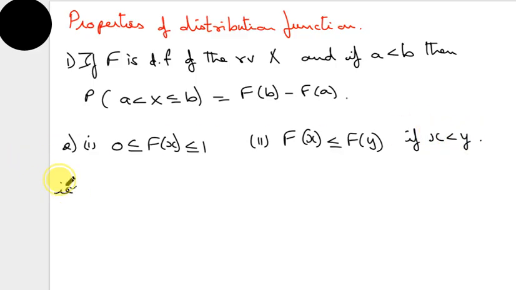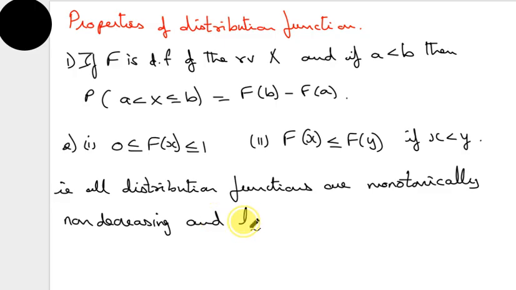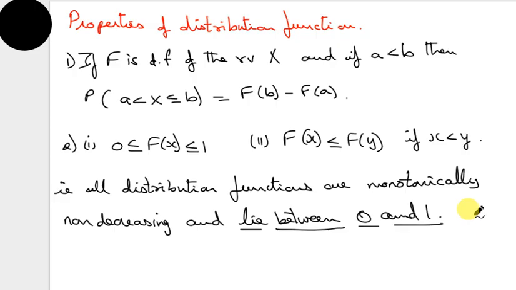That is, all distribution functions are monotonically non-decreasing, and they lie between 0 and 1. This is important. They lie between 0 and 1.